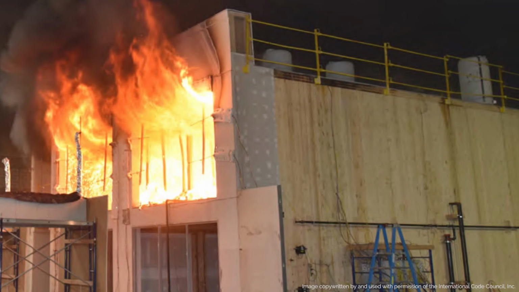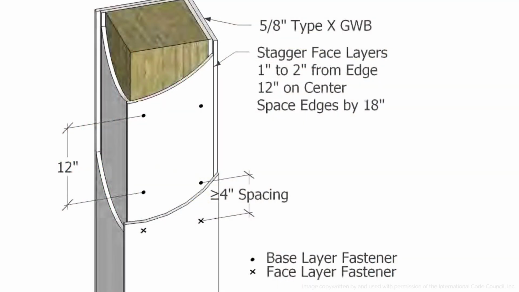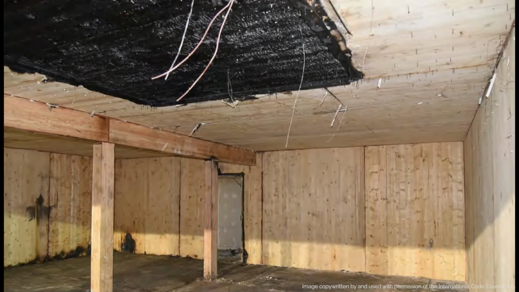Then when they took the assembly out of the fire, this is what it looks like with the 2 layers of gypsum on the mass timber element. When they took that ceiling assembly out of the fire, they took all the gypsum off of it, so you can see what was exposed in the fire conditions is now black, but everything that had gypsum encapsulation was theoretically protected. There's some small damage in some areas, but as a general rule, that 2 layers of gypsum is going to provide that level of protection that you need.